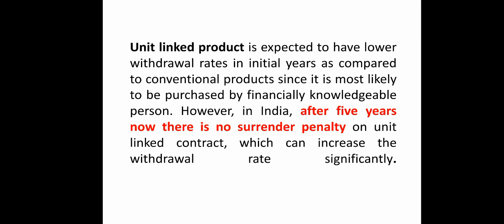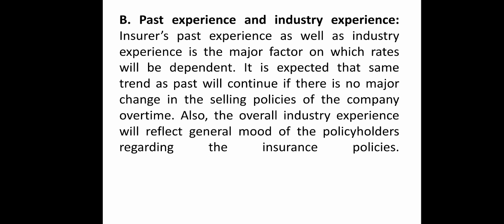So in the first 5 years there will not be any withdrawal, but from the fifth year onwards there will be withdrawal. So again, it is going to have an effect on your withdrawal rates. So according to the type of product, depending on what type of product you are dealing in, you may have different withdrawal rates.